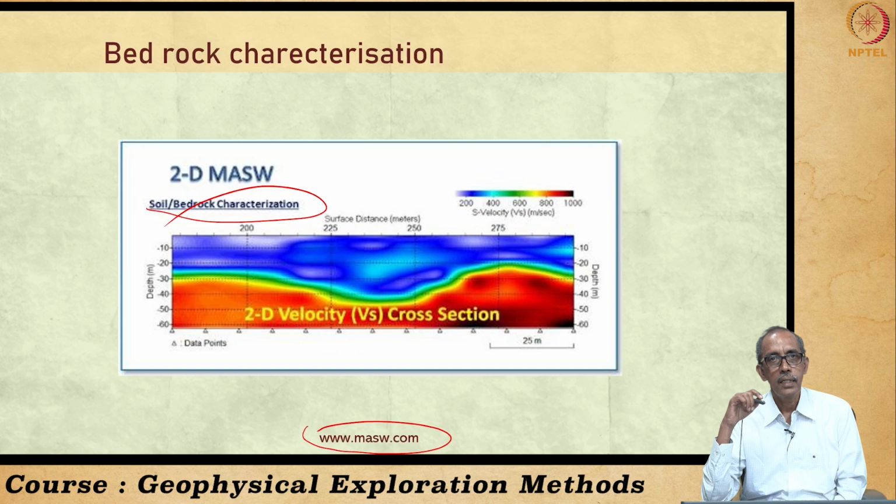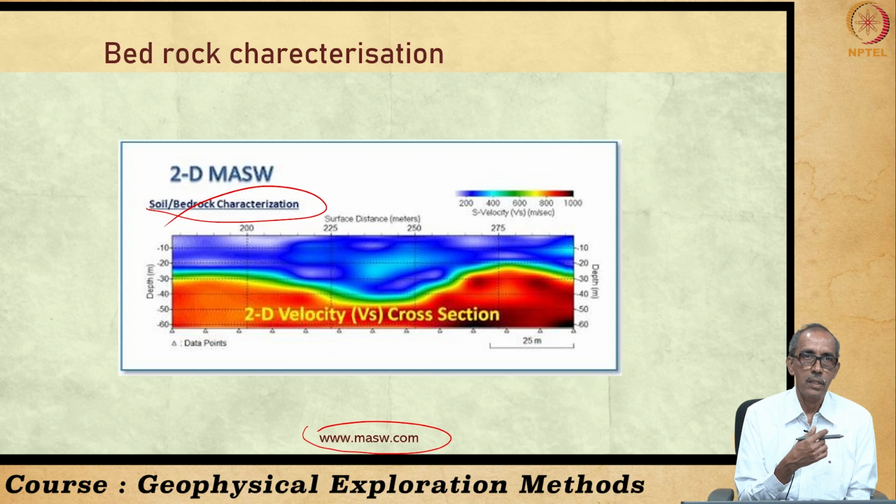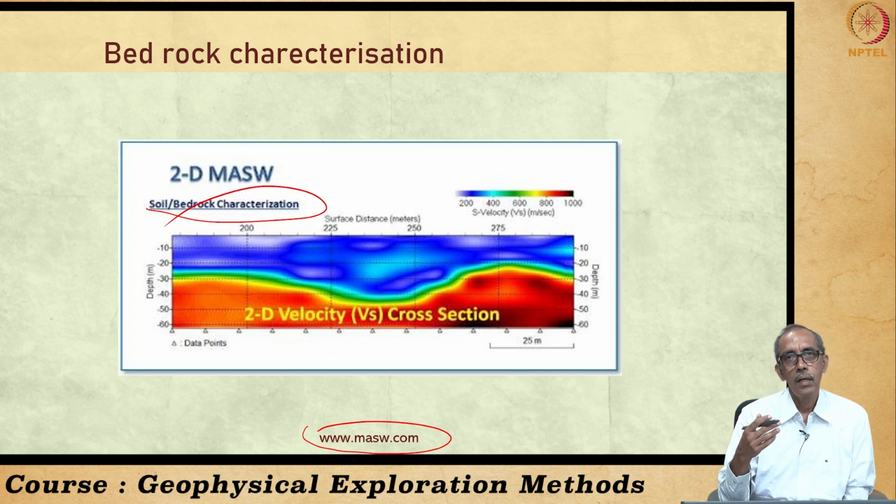We are going to see a little later how rocks are classified based on the shear wave velocity. What does it indicate? When the velocity of the shear waves is higher, obviously rocks are solid, more massive.